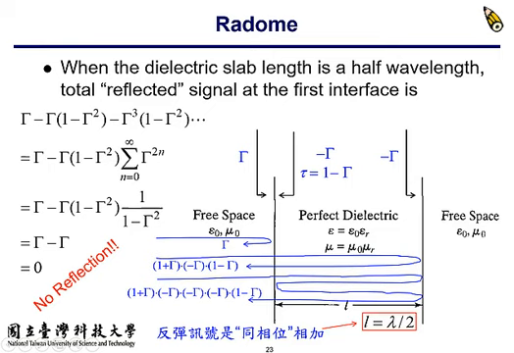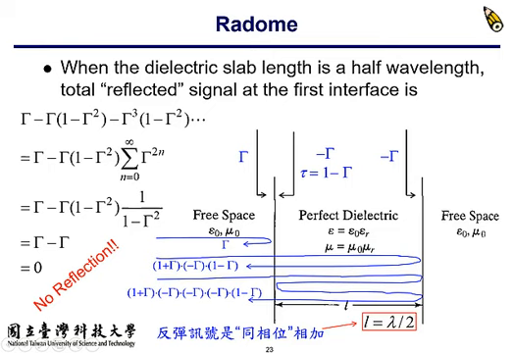And exponential of j2π, that is 360 degrees, equals to what? Equals to 1. Okay, so under this condition, the following terms are adding up with the first term constructively.